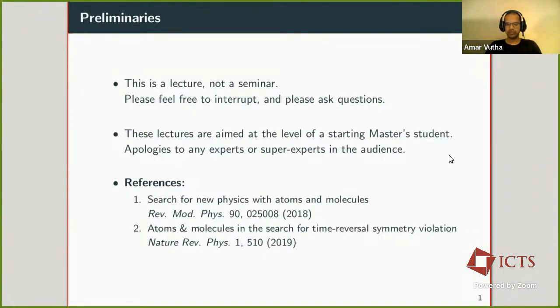So to the super experts in the audience, I apologize. Especially in today's discussion, there will be some topics which you may have seen at a much more formal or higher level in other lectures in this series so far. But I will try to give you an experimentalist view of some of these things, and I hope you find them interesting.